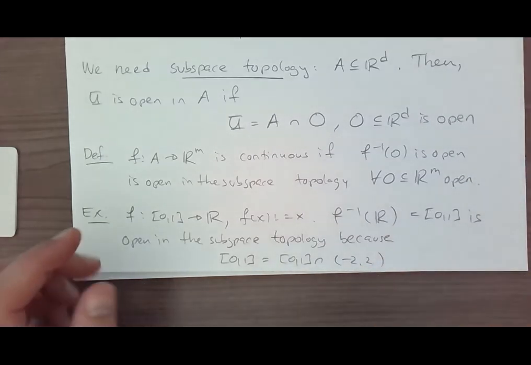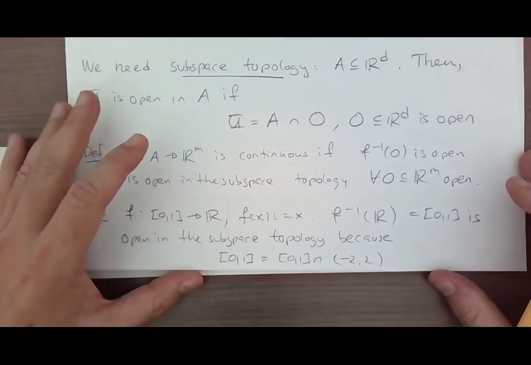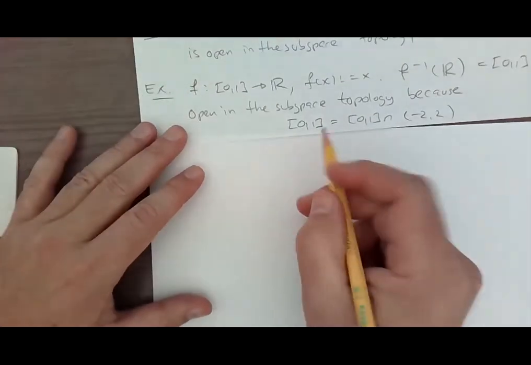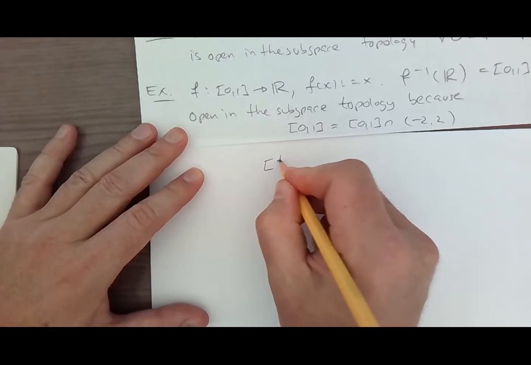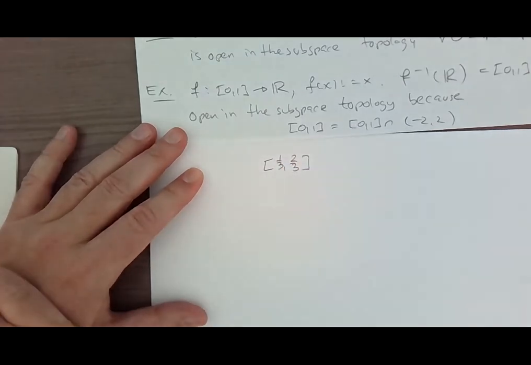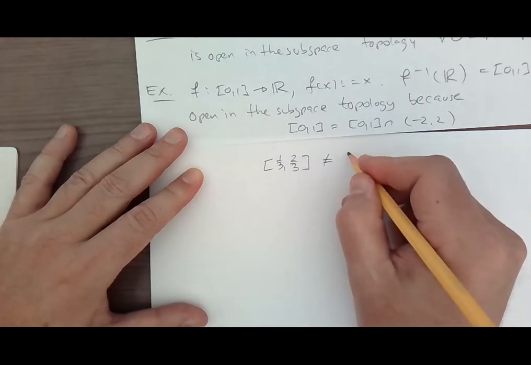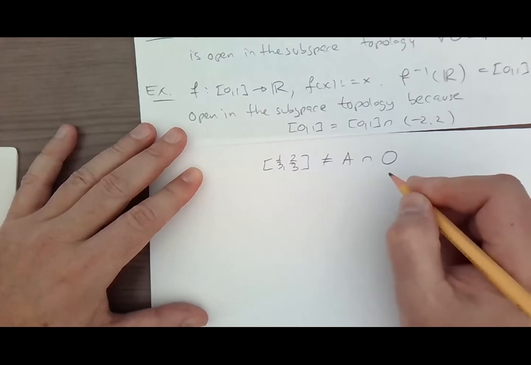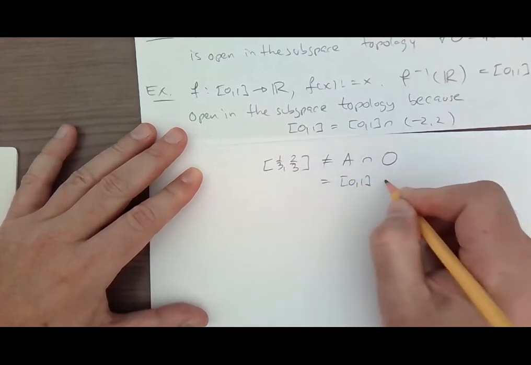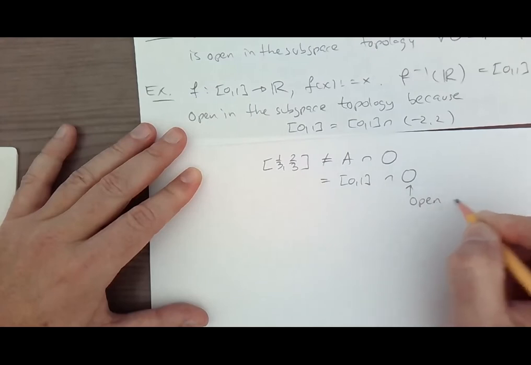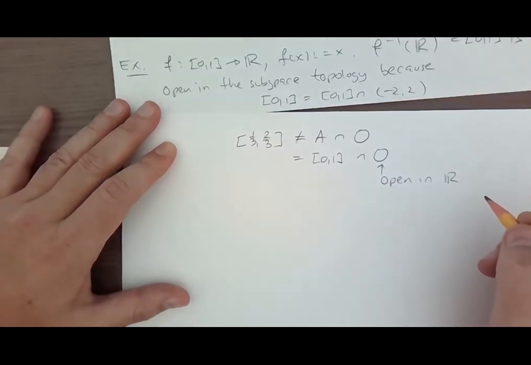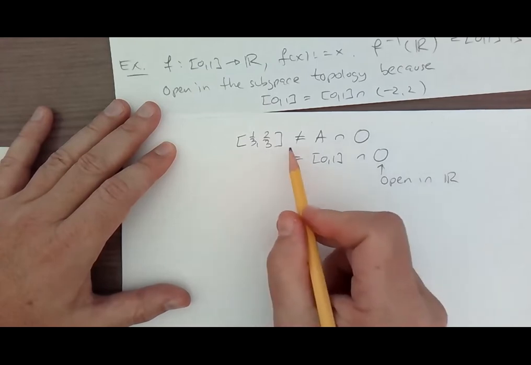Yeah, I mean, that's not hard, right? If I take the interval from 1/3 to 2/3, I don't know how to write this as A intersection with O. This is equal to 0 to 1 intersected with O, and this one here is open in R. This is a closed set, but it's not open.